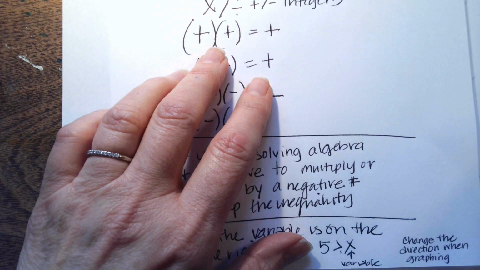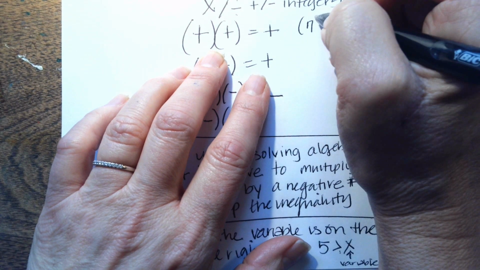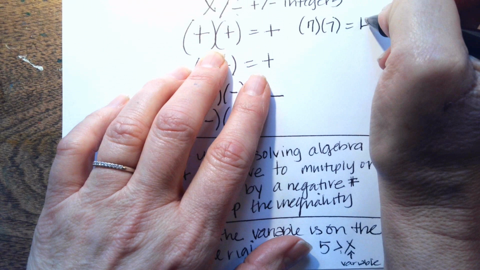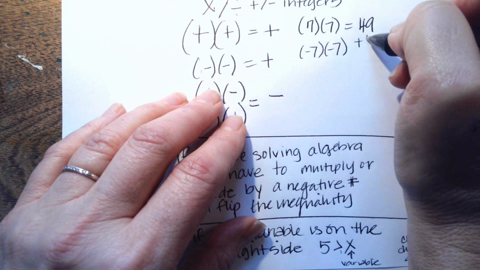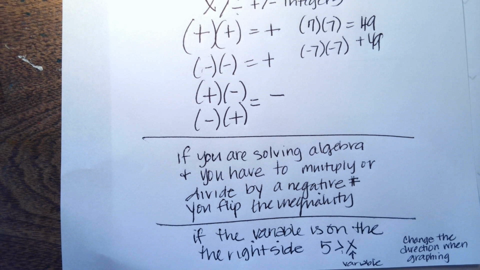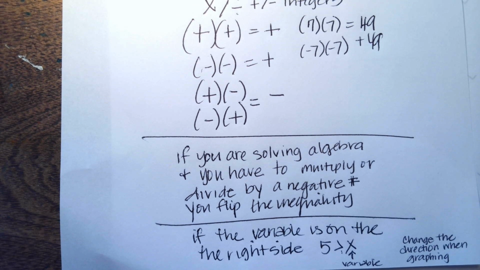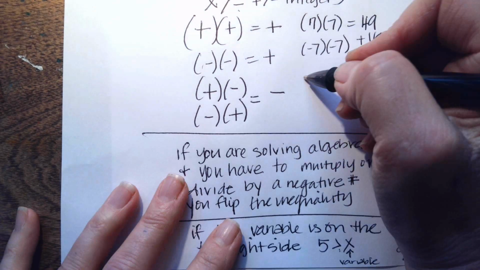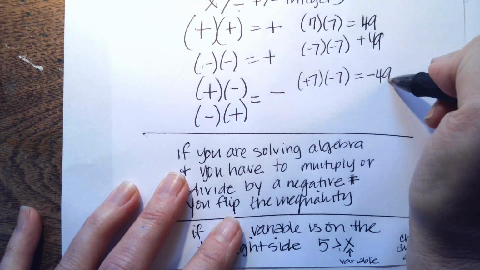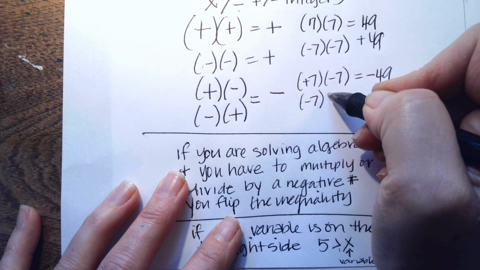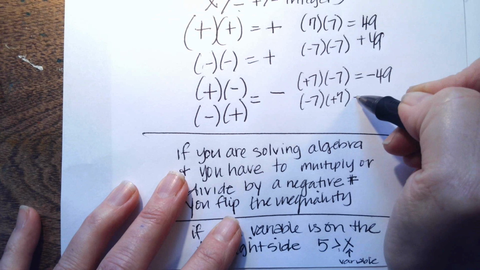This one is 7 times 7 is positive 49. -7 times -7 is positive 49. And then positive 7 and -7 equals -49.